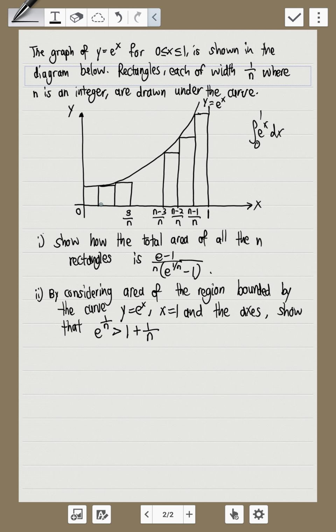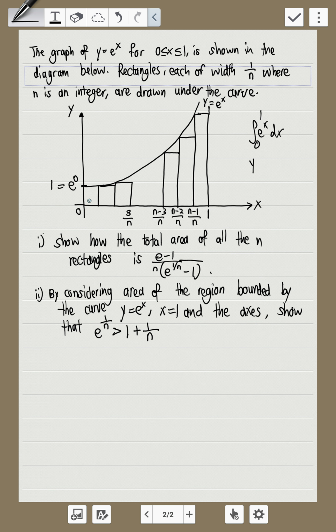To find the area, I just take base times height. It makes use of very basic knowledge. So y equals e^x, right? When x equals 0, y equals e^0, and e^0 is actually equal to 1, right?